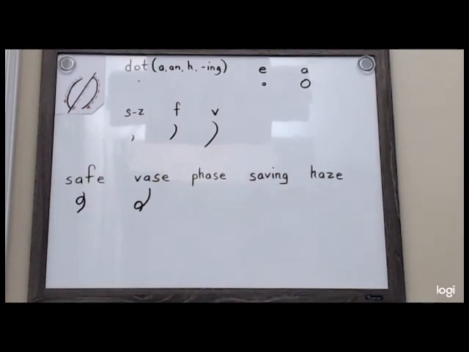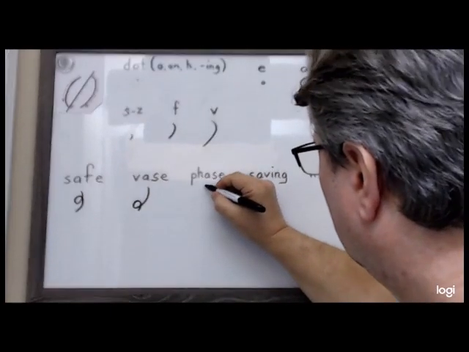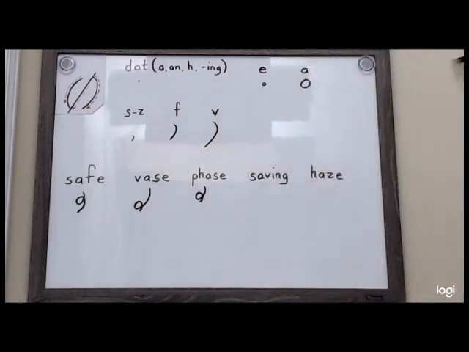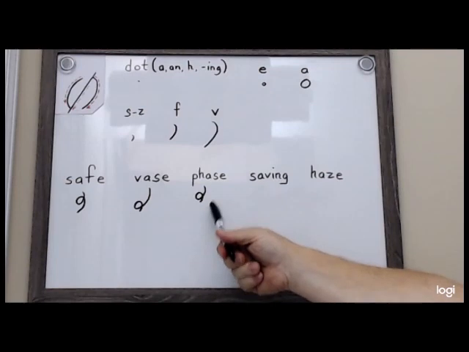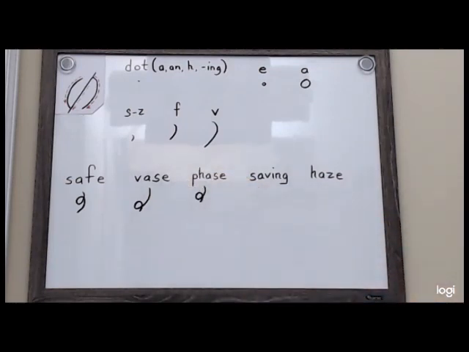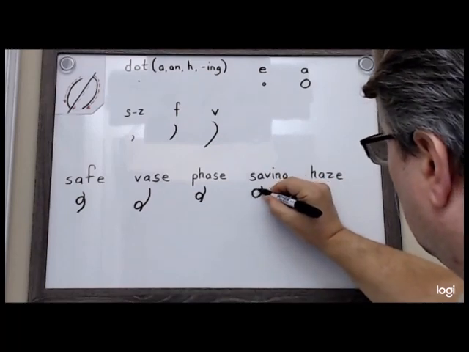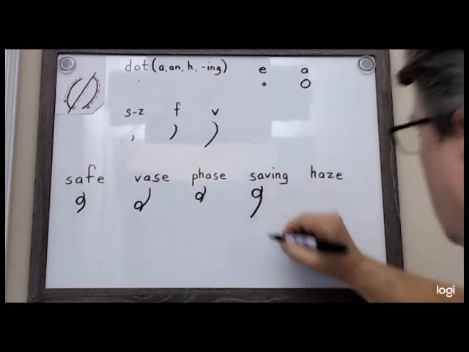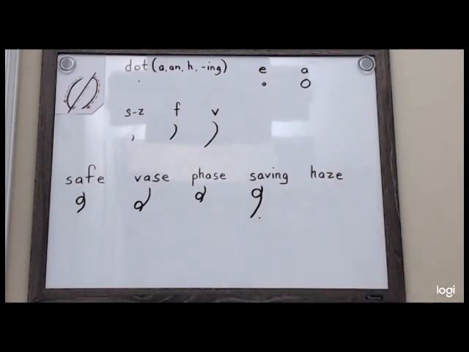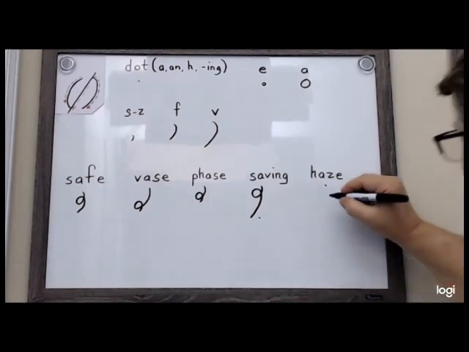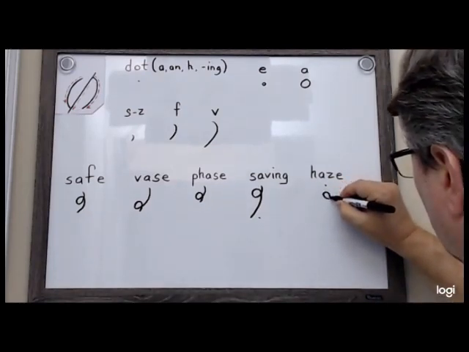The word phase, with an F, an A, and an S, the S standing for a Z sound here. The word saving, S-A-V, with the dot for the suffix ing. And the word haze, starting with the letter H, A, and Z.